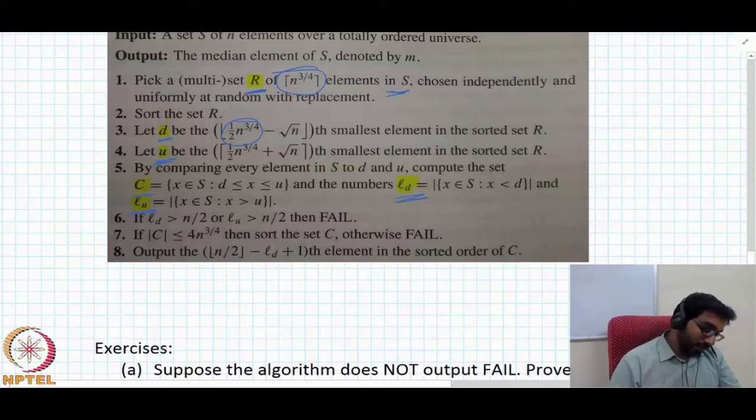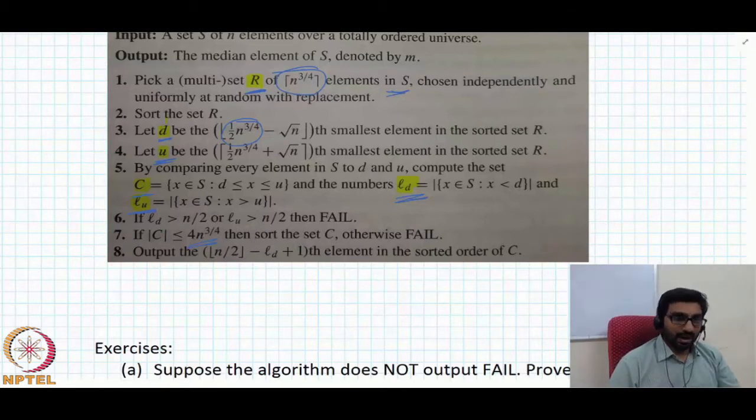And finally, the set C, its cardinality has to be small. In particular, we insist that it has to be no more than 4 times n to the 3/4. If it's more than that, then again our choice of D and U is bad. So we want to verify that our choice of D and U are good.